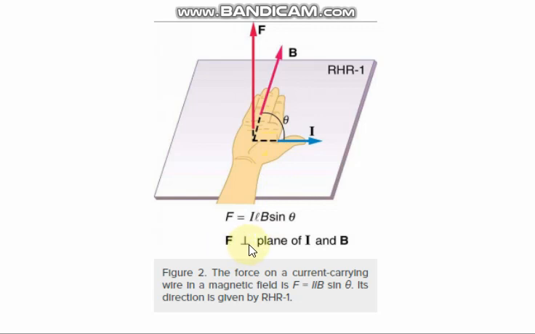So F is perpendicular to the plane of I and B, and the plane of I and B is contained in the palm. So the normal to the palm will give us the direction of the magnetic force.